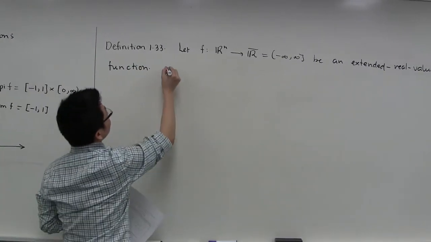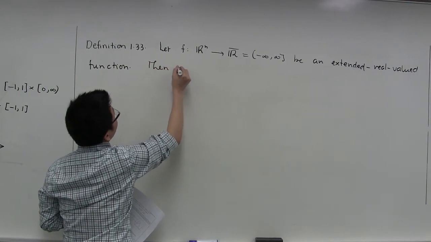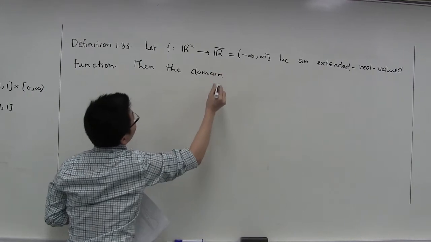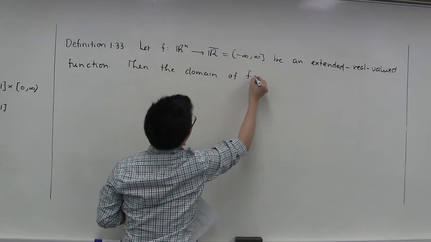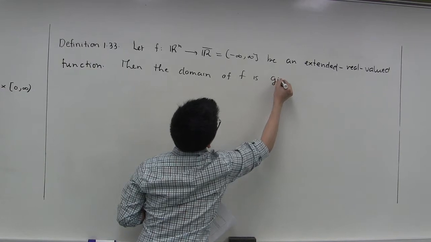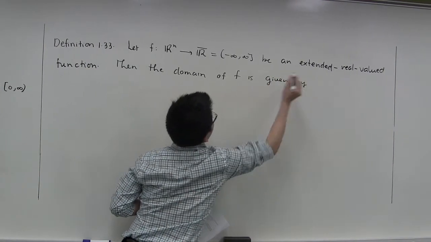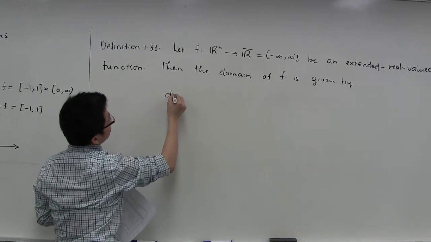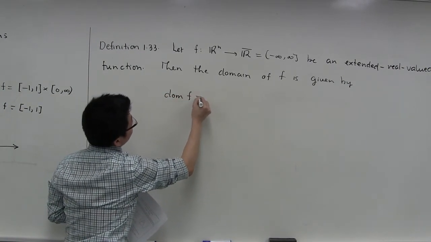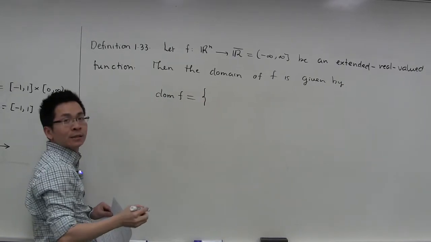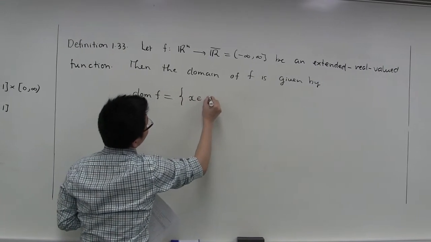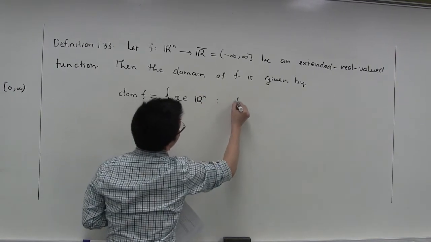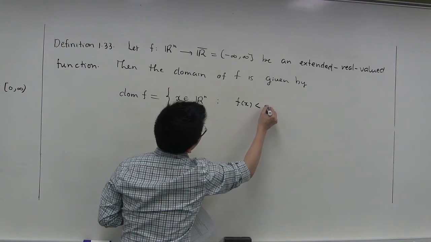Then the domain of f is given by: the domain of f contains all x in Rn such that f of x is less than infinity.